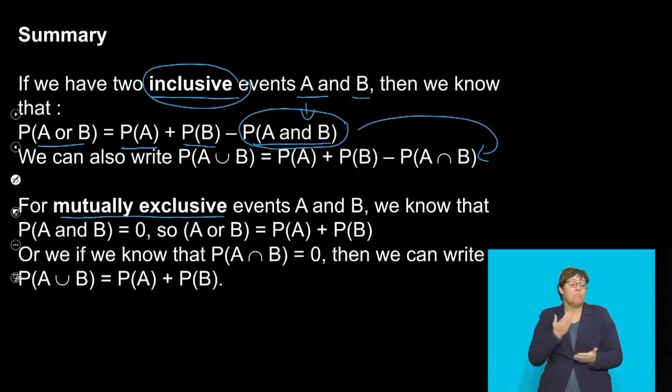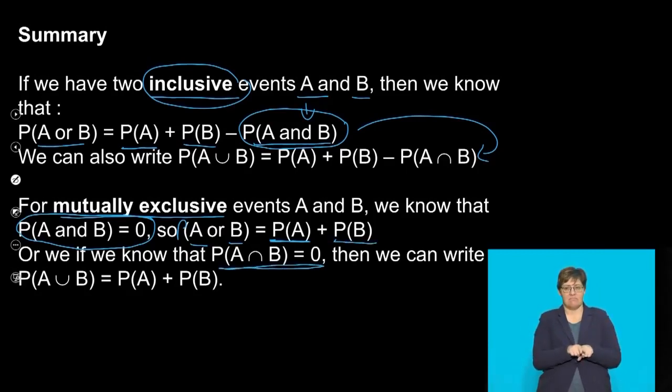The probability of A and B occurring will be 0. So the probability of A or B is the same as the probability of A plus the probability of B. This is the same as the intersection, and this is the same as OR. But we'll definitely use the OR like that. This is another notation.